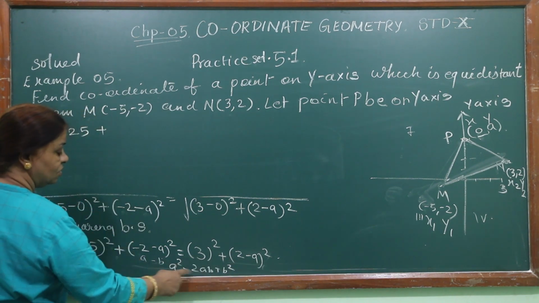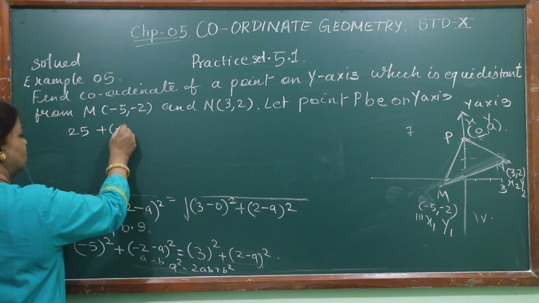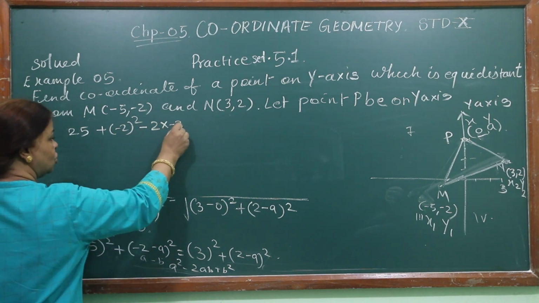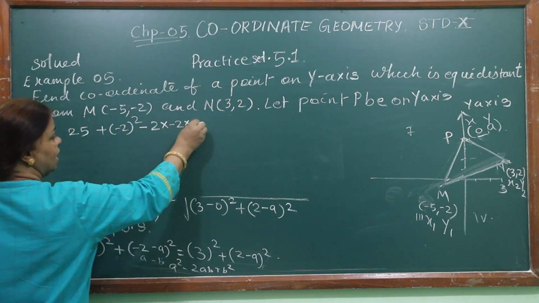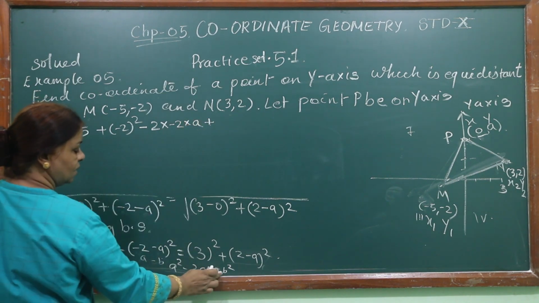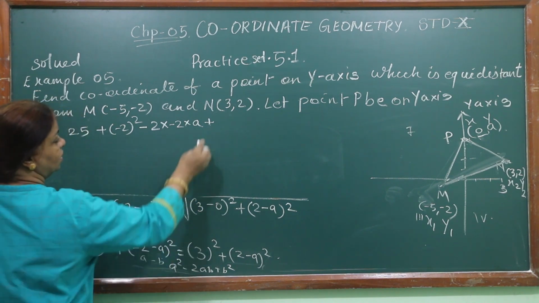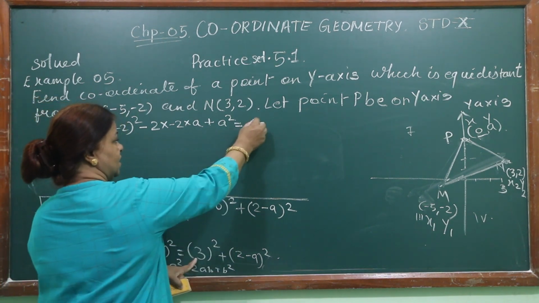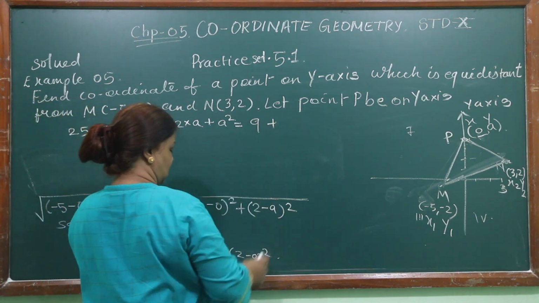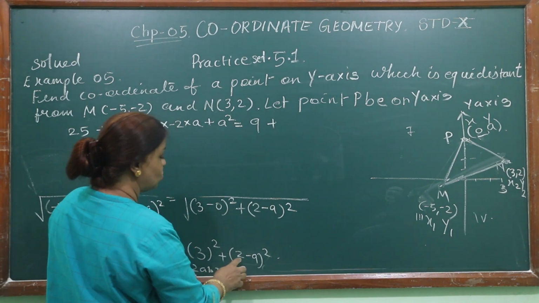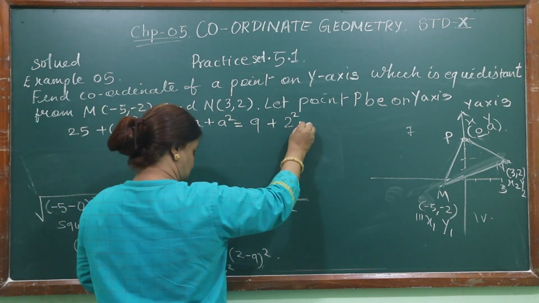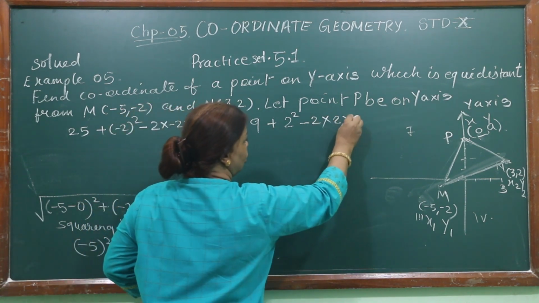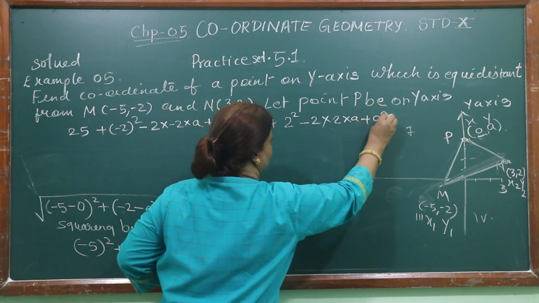So I need to place the values here: minus 2 the whole square, minus 2 into a into 2, plus a square, is equal to 3 square, which means 9, plus 2 square minus 2 into 2 into a plus a square.